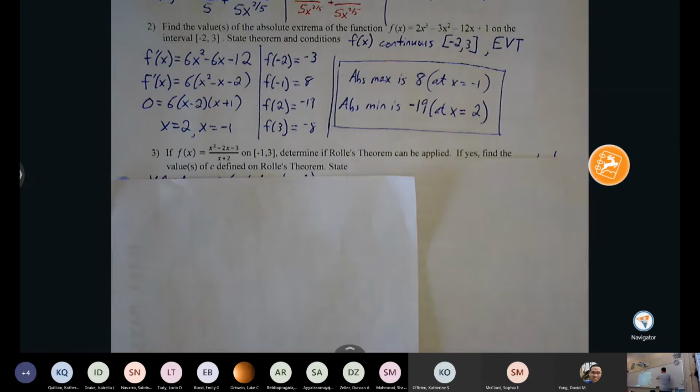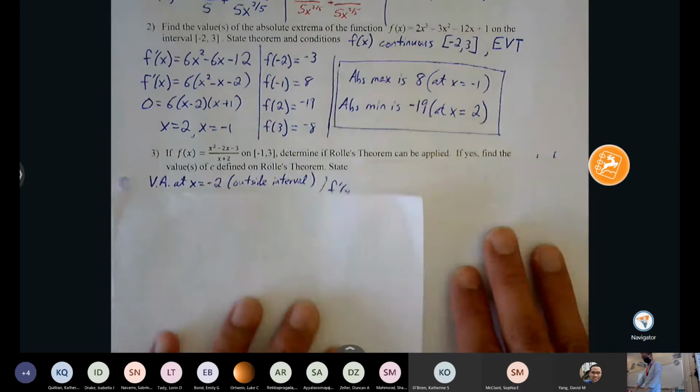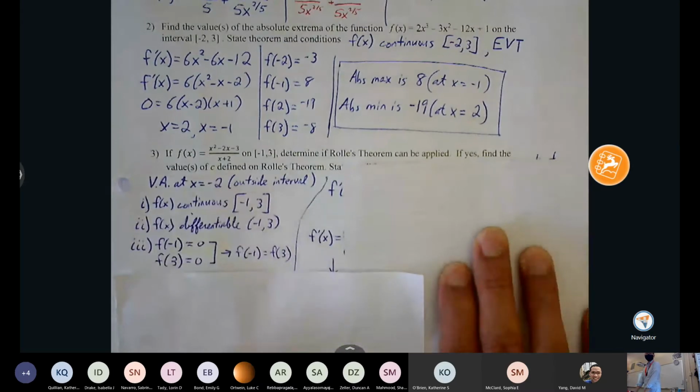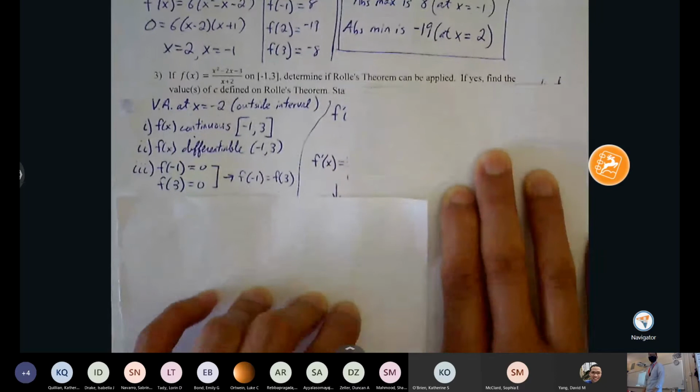We need to guarantee that there is a slope of 0 between the endpoints. Okay, so that's what we're after. Find f of -1, find f of 3. But you're also going to take the time to write your conditions out. Continuous with brackets, differentiable with parentheses.